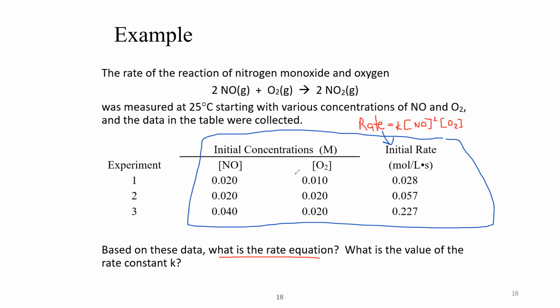So what we can do is take 0.227, plug it into the left. K is what we're solving for, so we'll want to divide everything by the concentrations of these reactants. We'll divide it by 0.04 squared, and then we'll divide it by 0.02 as well. And what we're going to see is K is going to be a very big number.